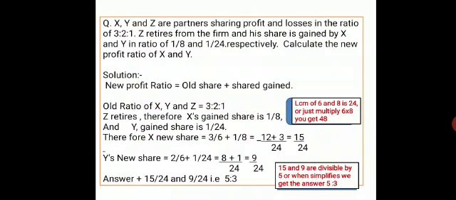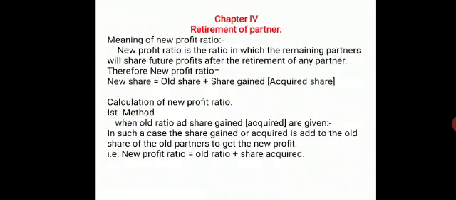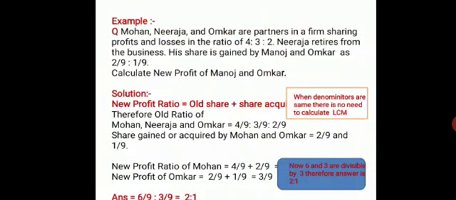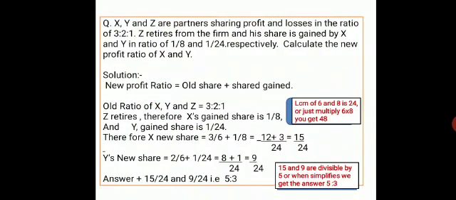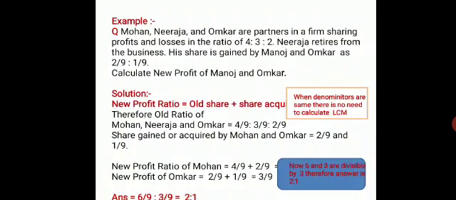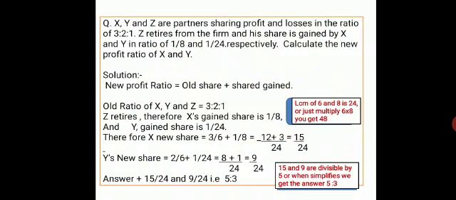Now Y's share. Y's old share is 2/6, and he is getting 1/24 from Z's retirement. So the common denominator is 24. Now 24 will go in 6 how many times? 4 times, 6 fours are 24. So multiply the numerator 2 by 4, you will get 8, and then 24 will go in itself only once.